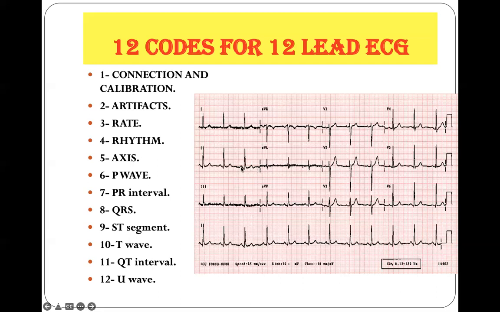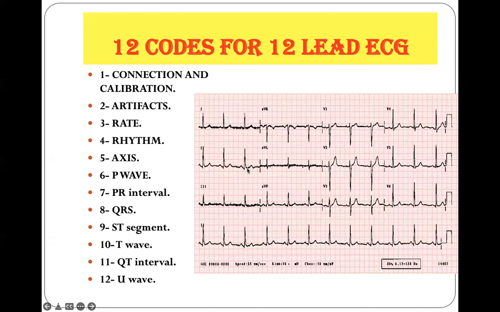Start with the P wave, its morphology, amplitude, and duration. Go to the PR interval, whether prolonged or shortened. With the PR segment, is it depressed or elevated? Look at the QRS complex morphology, if there is a bundle branch block, amplitude, if there is ventricular hypertrophy, duration for its prolongation.